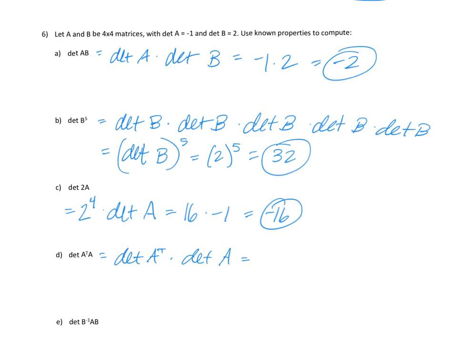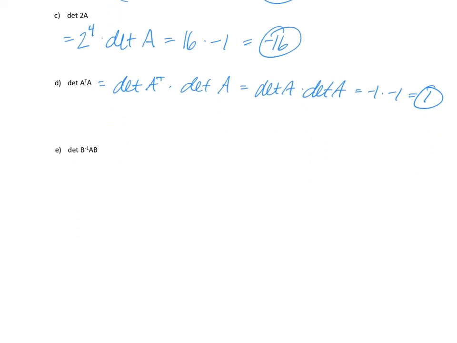And the determinant of A and the determinant of A transpose are the same. We looked at that in an earlier problem. So this is the determinant of A times the determinant of A, which is -1 times -1, or 1. The determinant of B inverse AB.